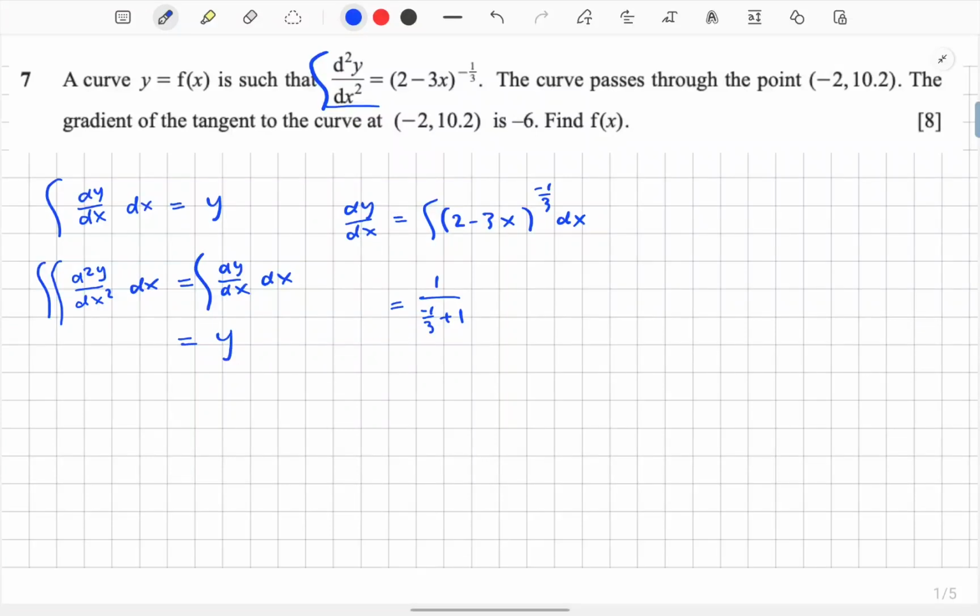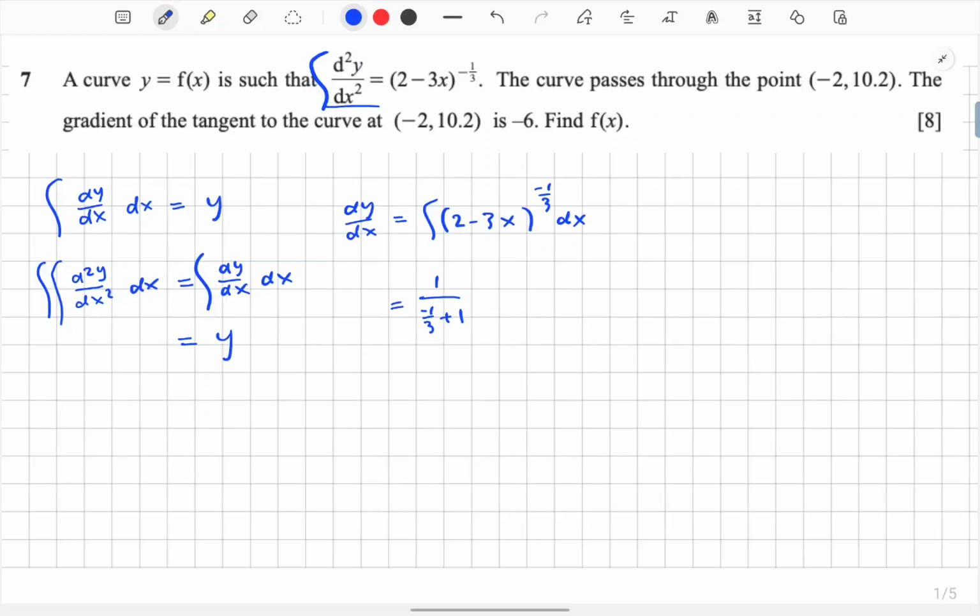The reason for this is that in differentiation, we multiply by the power, but notice that the power we have here is already minus 1 in differentiation. So right now we're plussing 1 back, so we can get the original power.